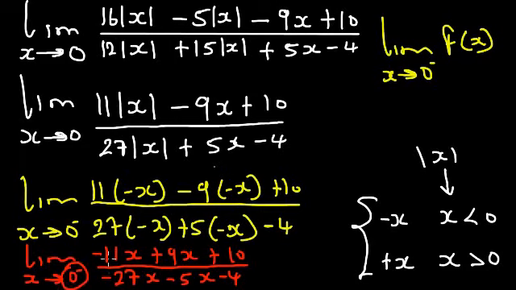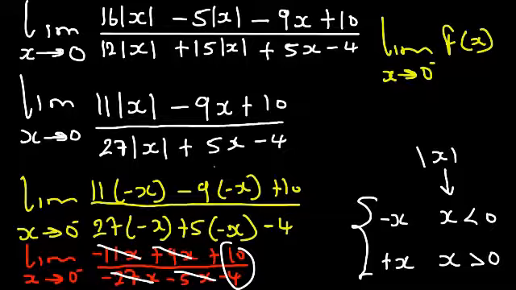Now if we substitute 0 as the input, the x terms all become 0, and what is left over is just 10 divided by 4.